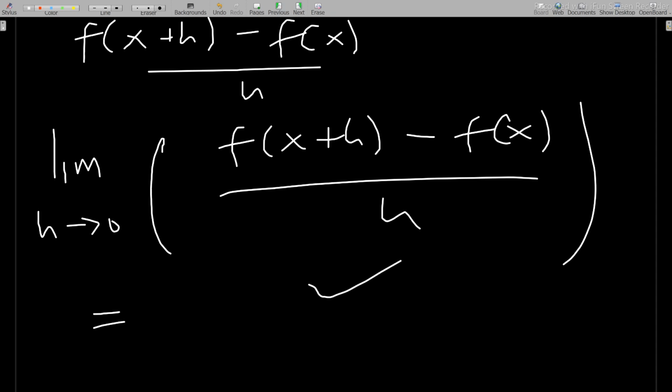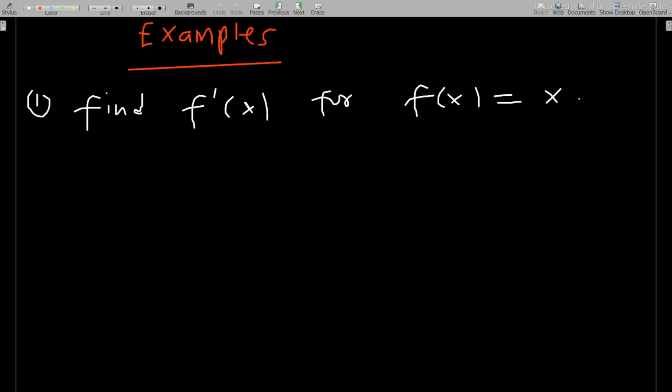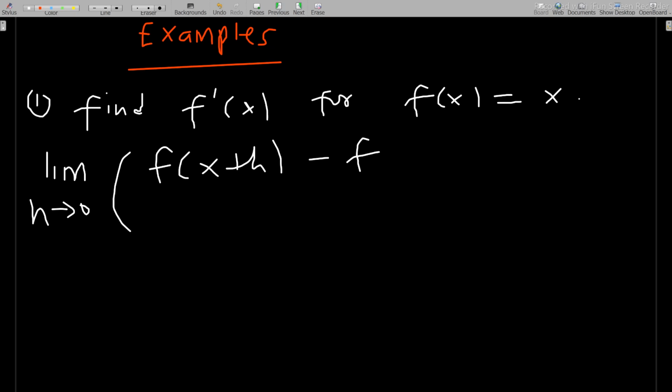Okay, so let's pick some examples and try to go through them. Find f prime for f of x equals x. I know other people know how to do differentiation, but we'll show you the way. Let's go through some derivatives using first principles before we start with the normal one. So with f of x equals x, we said you have to evaluate the limit as h approaches 0 of f of x plus h minus f of x over h.